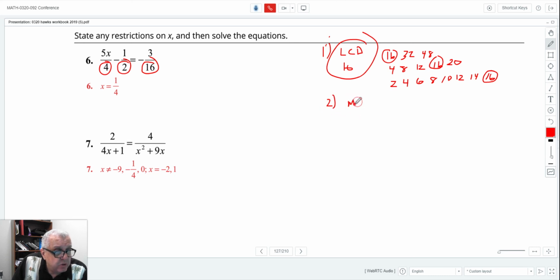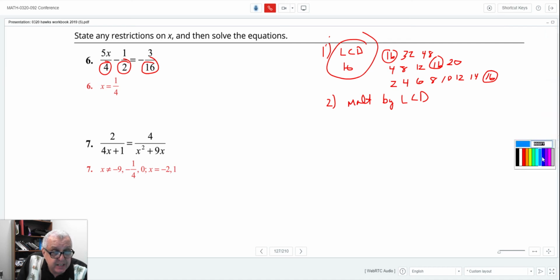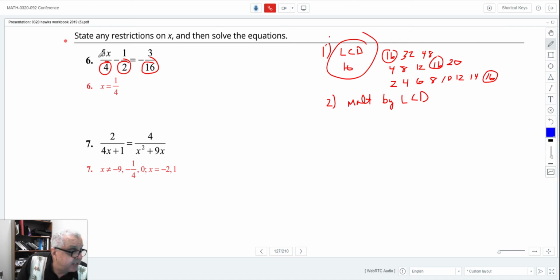So step 1, you find the LCD. Step 2, multiply each term by the LCD. So I'm going to multiply each of these terms by 16. I'm going to multiply this first term by 16, this term by 16, and this term by 16. 4 goes into 16 4 times.